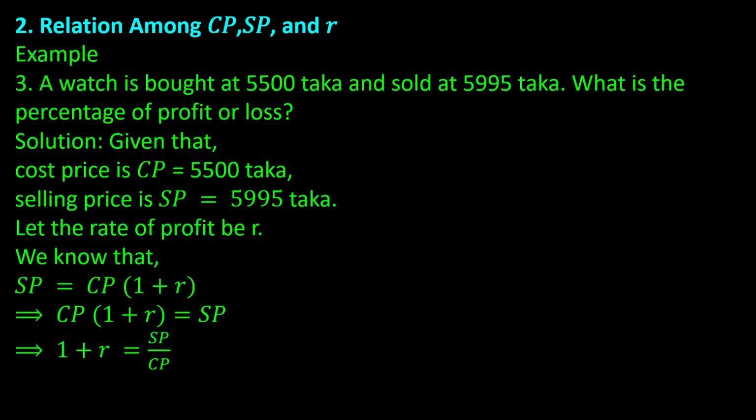Now I change the side of CP. That means I bring CP from the left to the right, so it becomes division form, and I get 1 plus R is equal to SP divided by CP. Then in 1 plus R, I bring 1 from the left side to the right side, so it becomes minus 1.